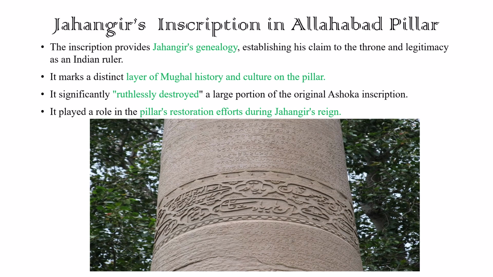It is significant to note that a large portion of the original Ashoka inscription was damaged by inscribing the genealogy of Mughal ancestors. It played a role in the pillar restoration effort during Jahangir's reign.